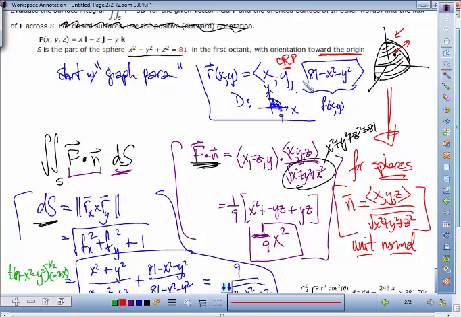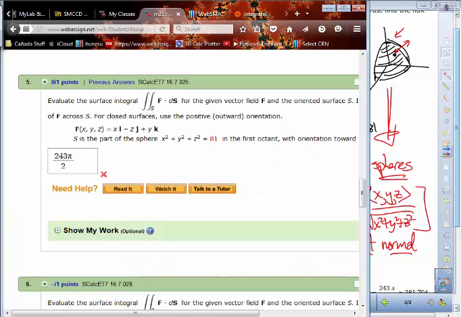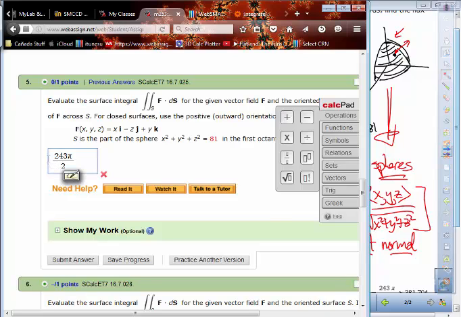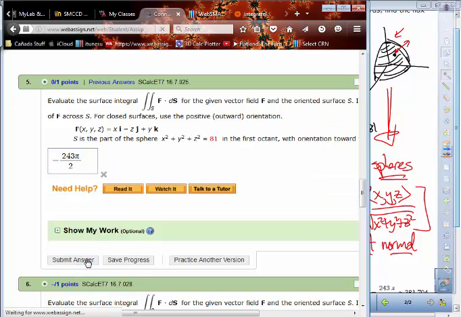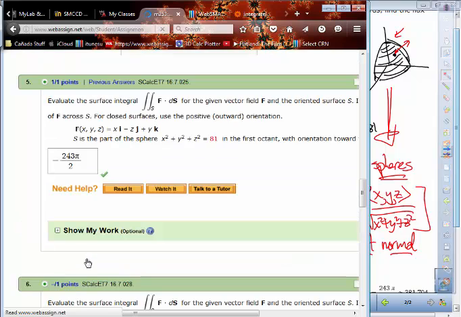So my orientation is reversing. So that just means I put a negative sign, and I should be right. It should be the same, just negative, I hope. If not, then we're going to quit. Bam! All right, we're still going.